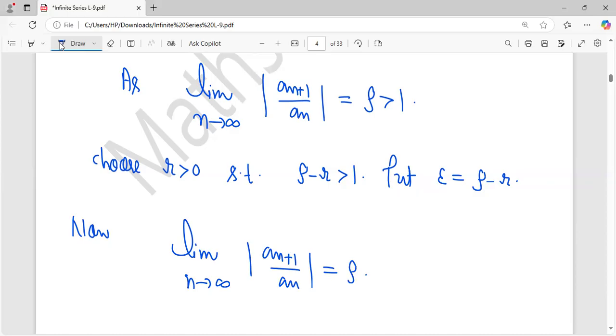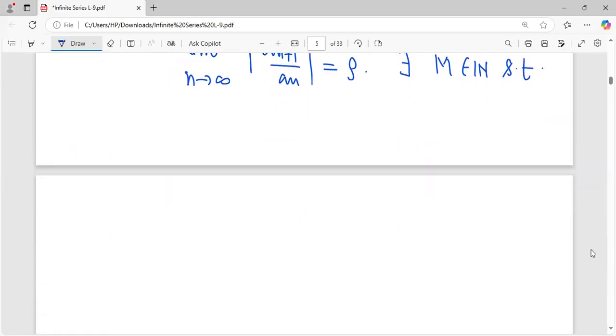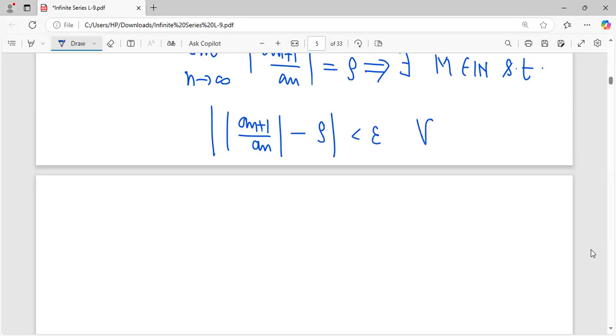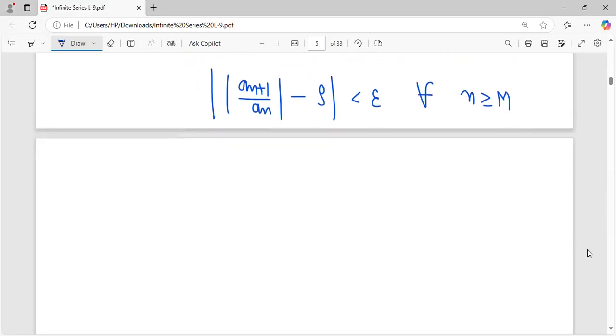So there exists capital M belongs to natural numbers such that |a_(n+1) upon a_n minus rho| is less than epsilon for all n greater than capital M. So after solving it, what you will get?